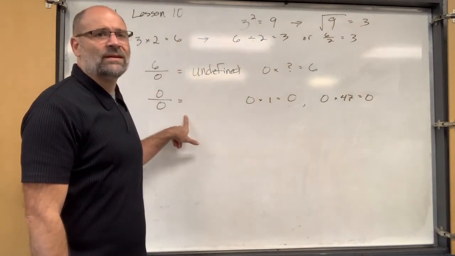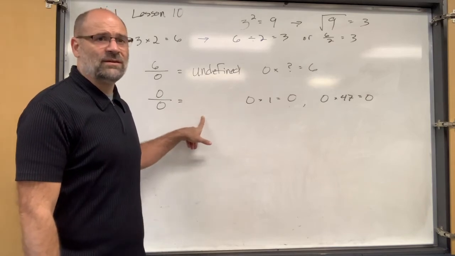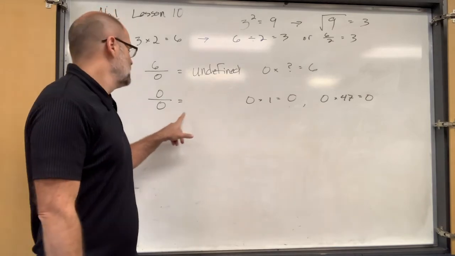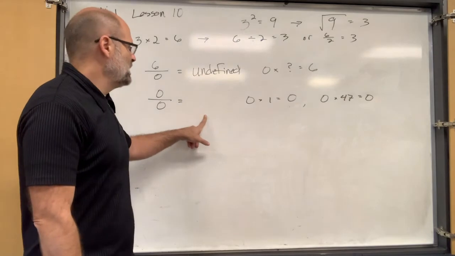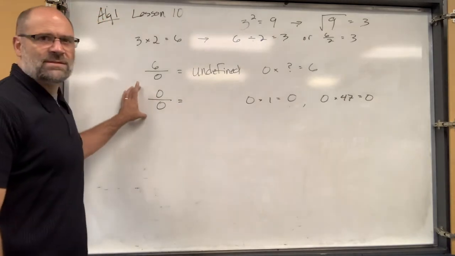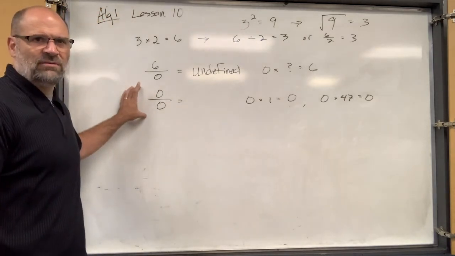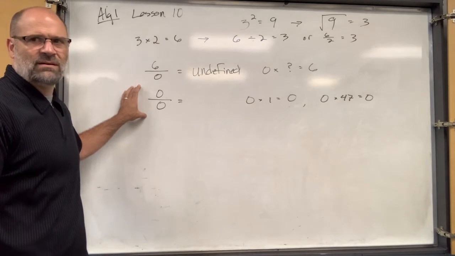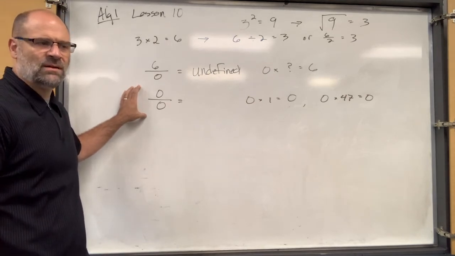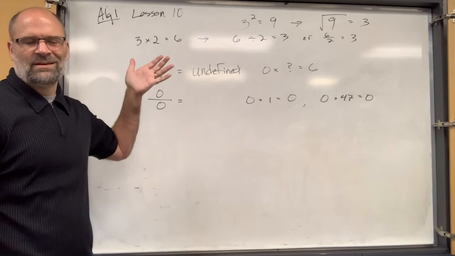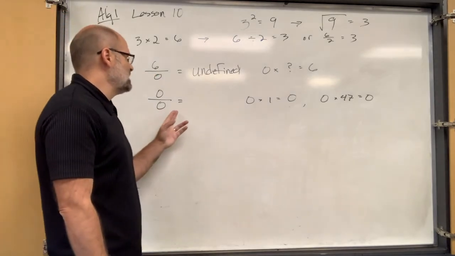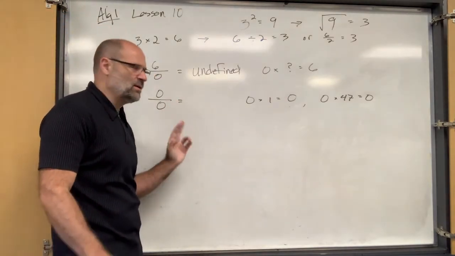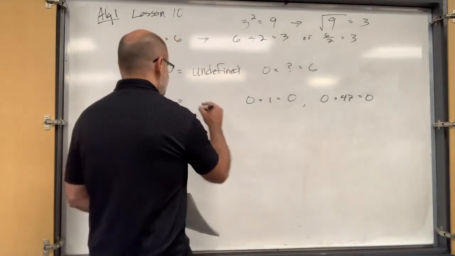Also could be infinity. It could be any number at all, but the same thing over itself is usually 1, right? When you divide the same thing by itself, it's usually 1, unless it's 0. So we don't call this undefined, we call this indeterminate.